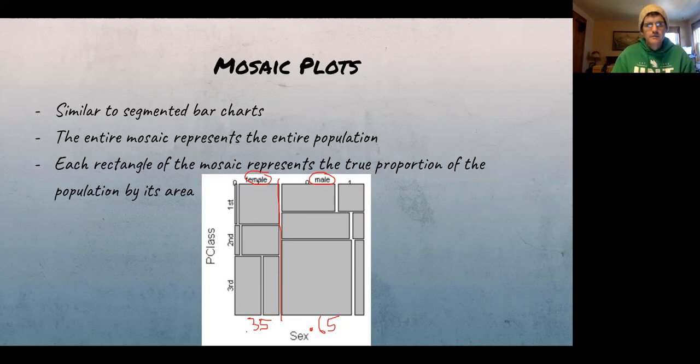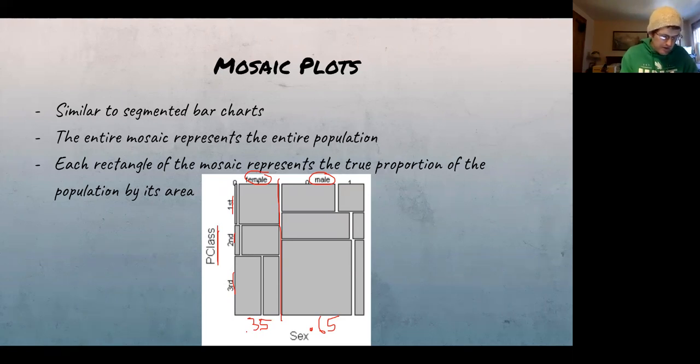All right, so that's good. Now, as we move around to passenger class, I've got first, second, and third. And actually one thing they're not showing us is the crew. So this is not the entire population of Titanic, but you get the idea. So for each bar, for the females, this is broken down.